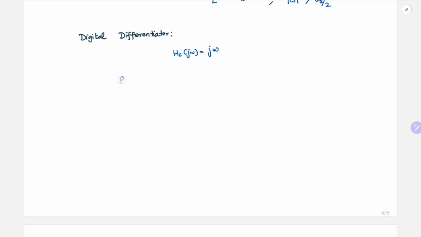And let's say I'm band limiting it, a band limited differentiator. So I will call it Hc of j omega is equal to j omega for mod omega less than some omega c cutoff frequency, and 0 for mod omega greater than omega c.